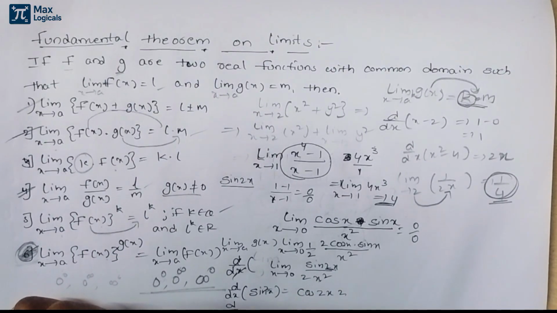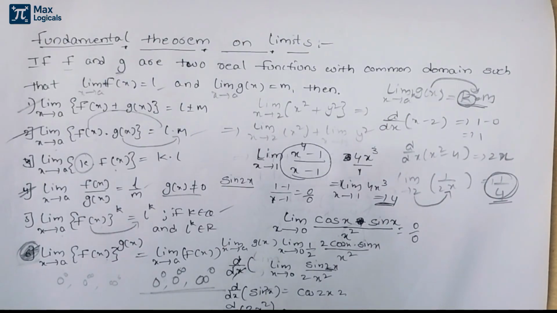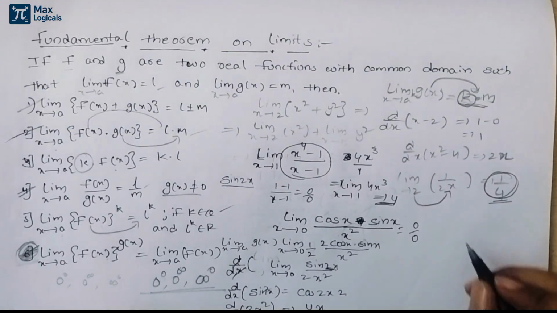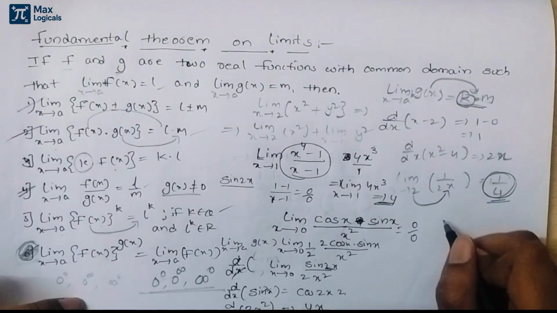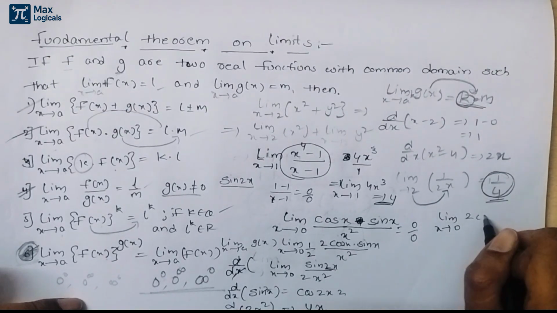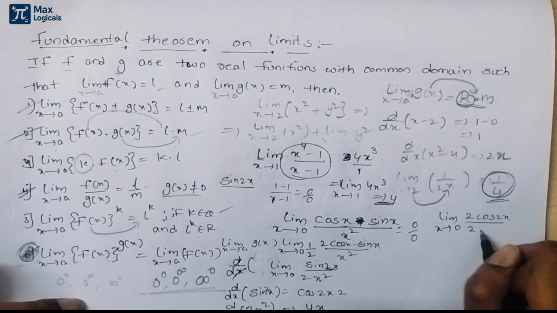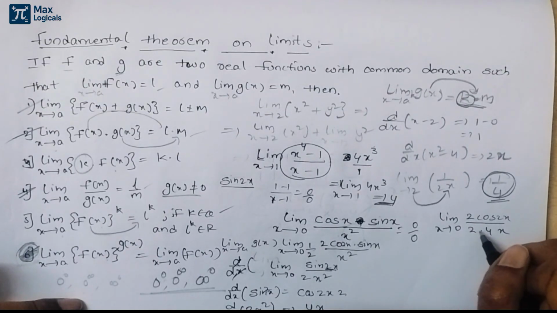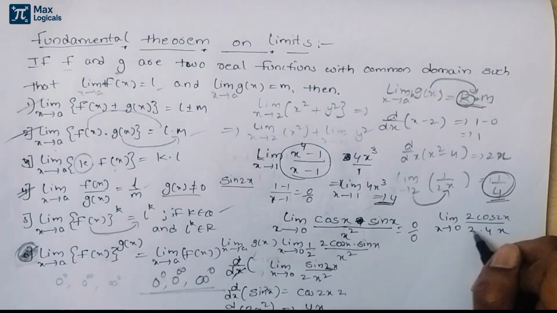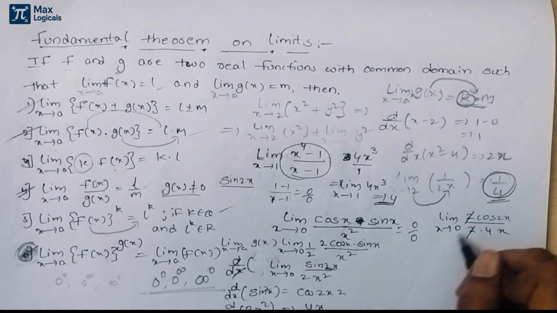Now we differentiate the denominator, 2x square, which equals 4x. Now we have the limit as x tends to 0 of 2 cos 2x by 4x. Here we cancel the 2 and 2.